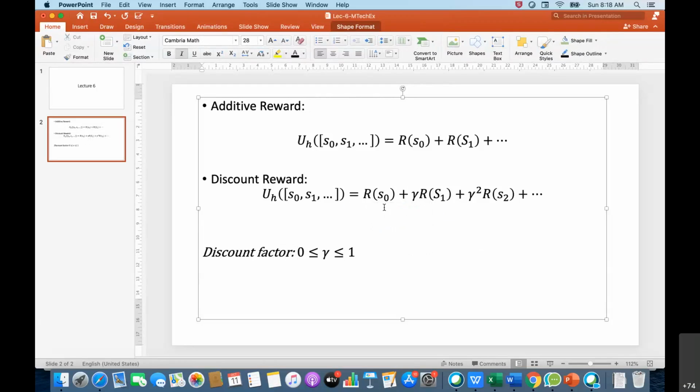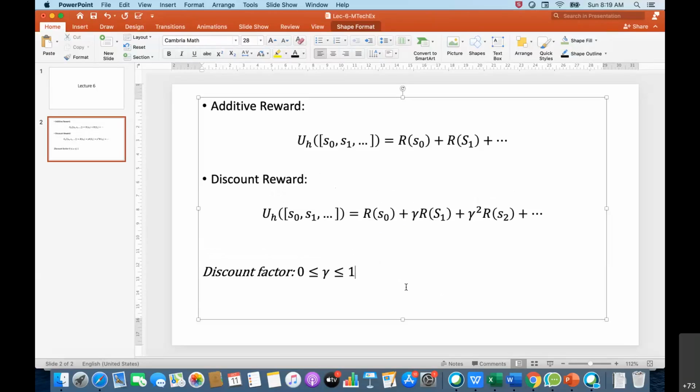Discount factor is gamma and it should lie between 0 and 1. So this is what is called the discount factor.